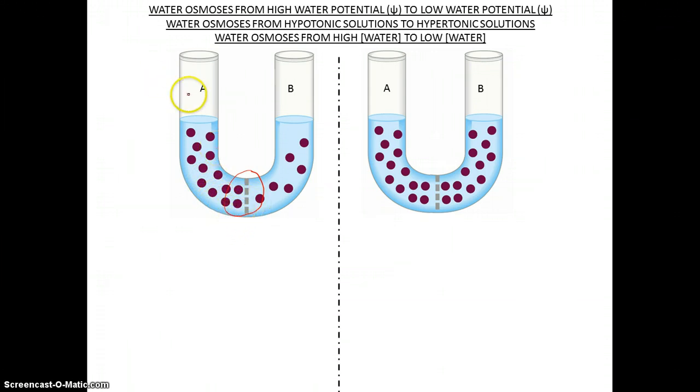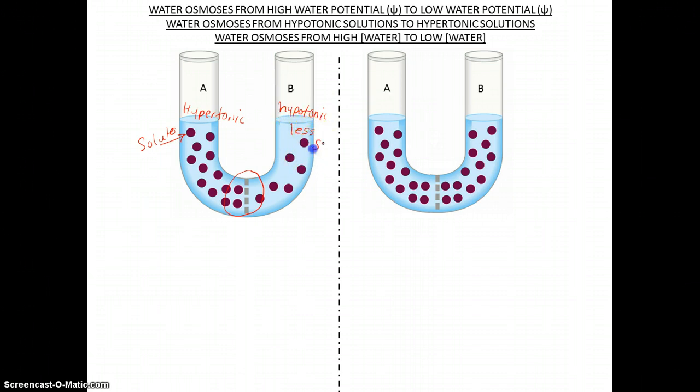So if you compare A to B, A has more solutes, so this represents solutes. So we say A is hypertonic because it has more solutes and less water, and B is hypotonic because it has more water but fewer solutes.